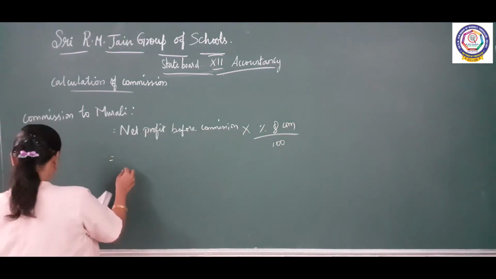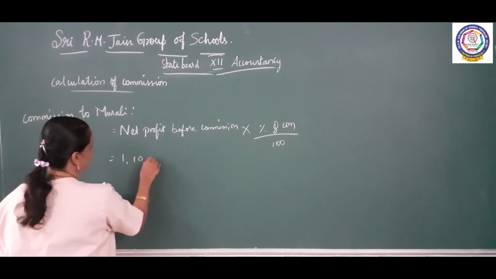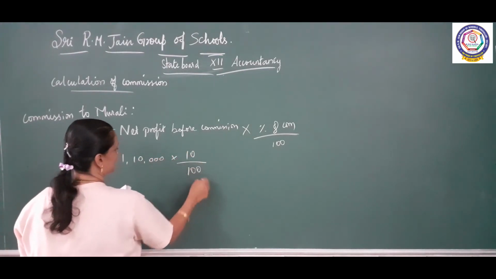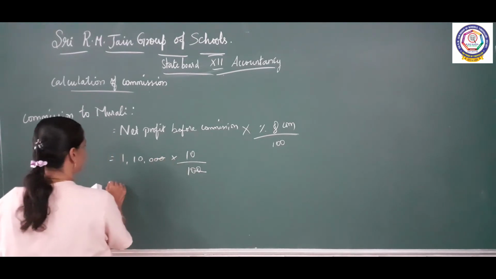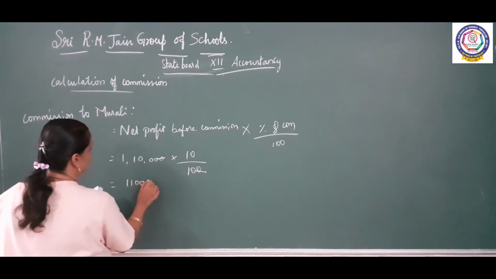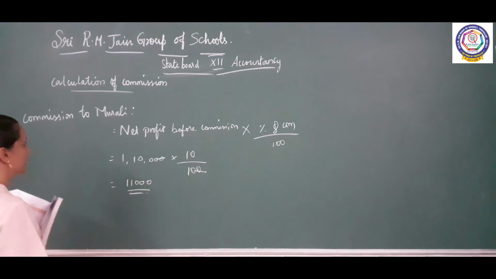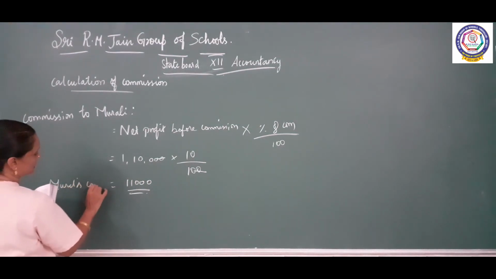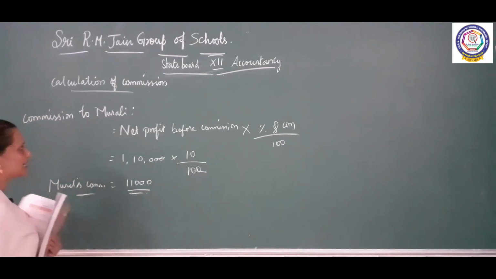How much have they given? 1,10,000 into 10 by 100. So the zeros cancel, and 11,000 we are getting. This is Murali's commission.